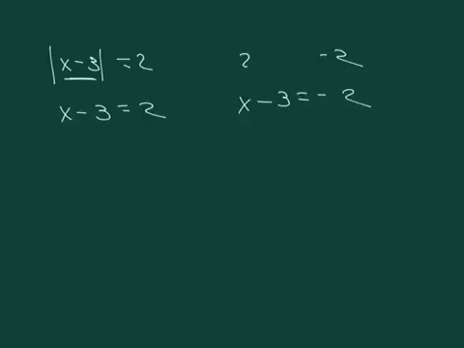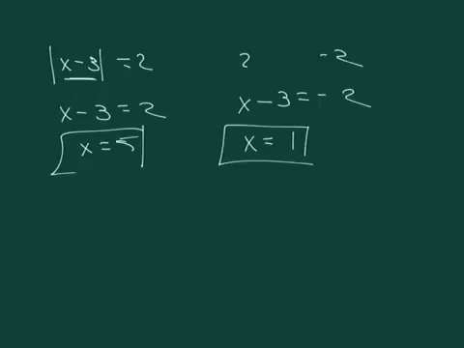Let's look at the absolute value of x minus 3 equals 2. So the number in here, x minus 3, whatever that number is, can be equal to 2 or negative 2. So x minus 3 can equal 2, and x minus 3 can equal negative 2. So there's actually two answers here: x equals 5 and x equals 1.